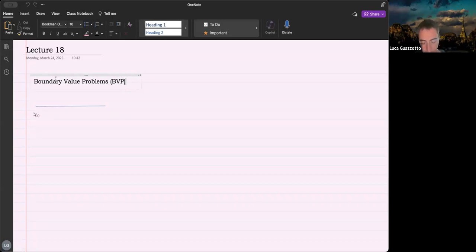X0, there's going to be X, I'm going to use an N. We're going to discretize this anyway. And I'm going to have boundary conditions that are assigned in both points.